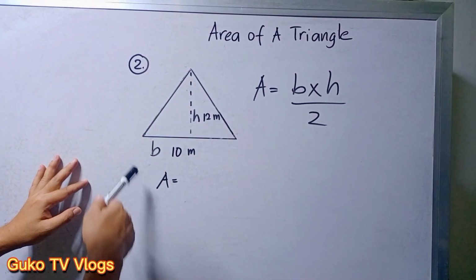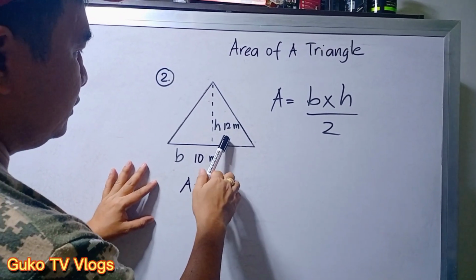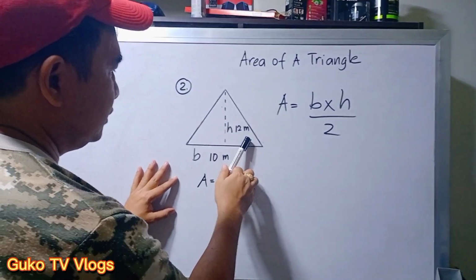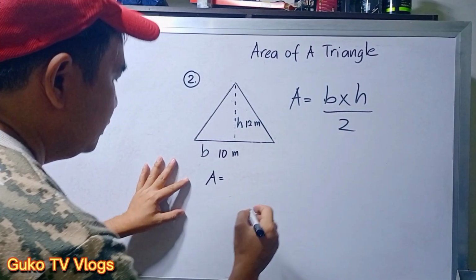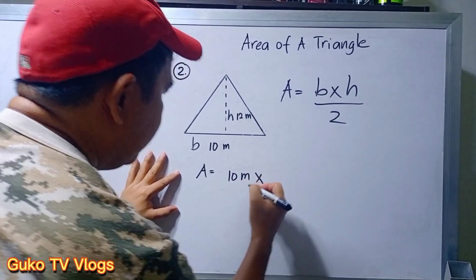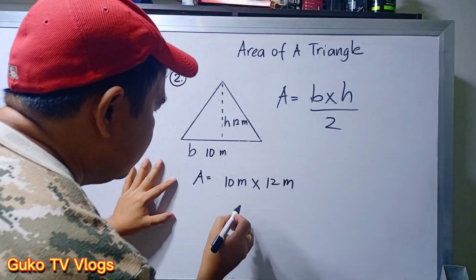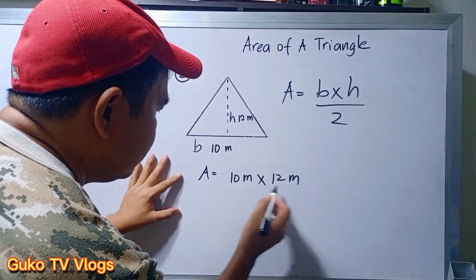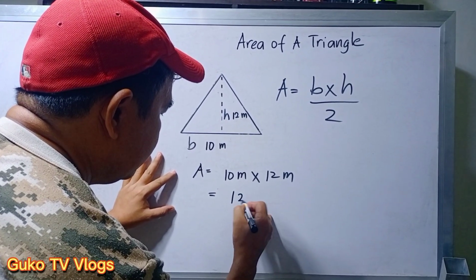Example number 2. So this triangle has the base of 10 meters and the height is 12 meters. So let's try to solve using the formula base times height divided by 2. So 10 meters multiplied by 12 meters. Okay, let's multiply 10 times 12, that is 120.